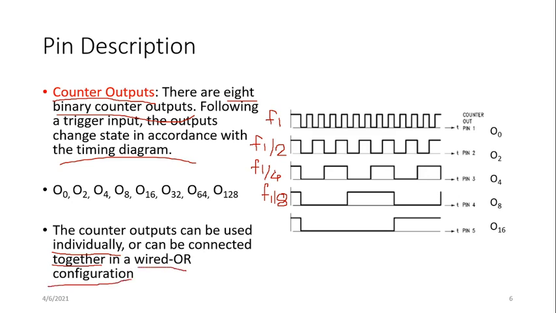We'll see afterwards what will happen if I combine O0 and O2, or if I combine O0 and O8. Like that, I can have any combination of the outputs. Now, how to use these outputs for generating different types of waveforms, we will see afterwards.